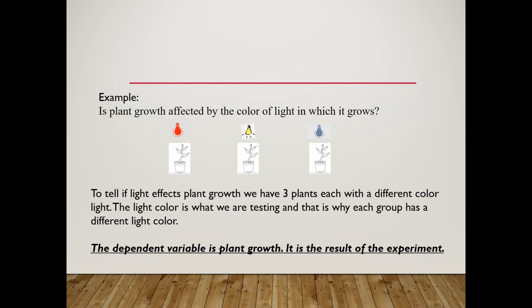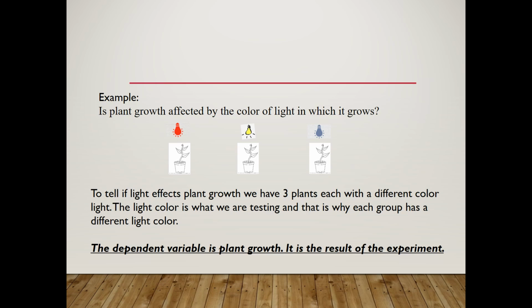So the first example, kind of similar. Is plant growth affected by the color of light in which it grows? To tell if light affects plant growth, we're going to put 3 plants underneath 3 different lights that are different colors, one red, one yellow, one blue. The light color is what we are testing.